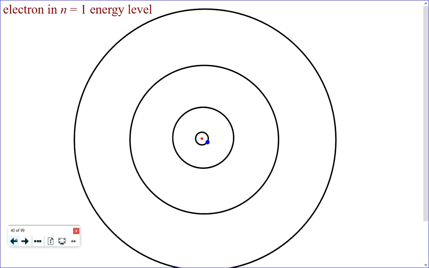If, on the other hand, I have an electron in the second energy level, and for some reason it pops up to the third energy level, then it has gained energy. Whatever the difference between the third and the second energy level is, that's the energy gained. How did it gain it? It absorbed a photon.